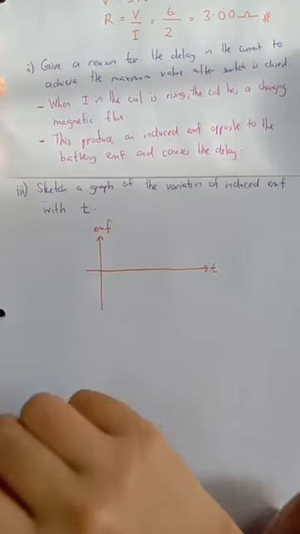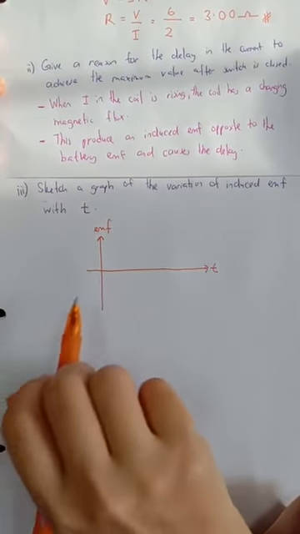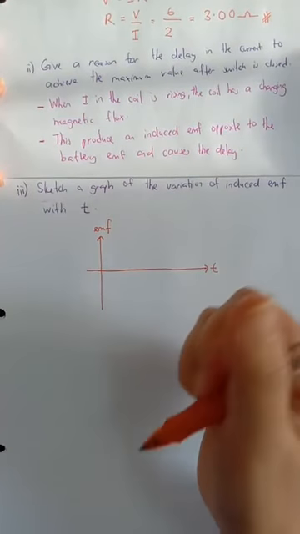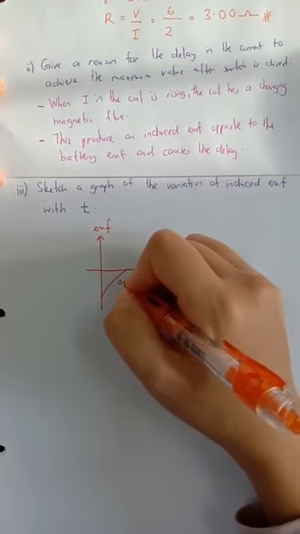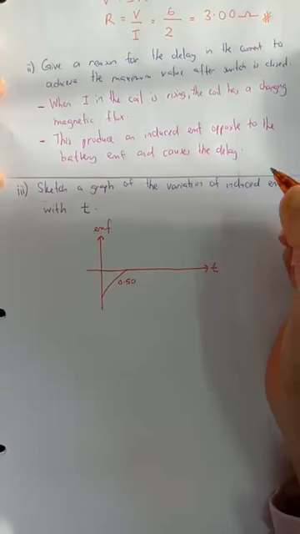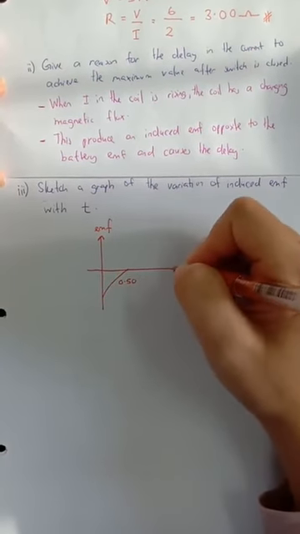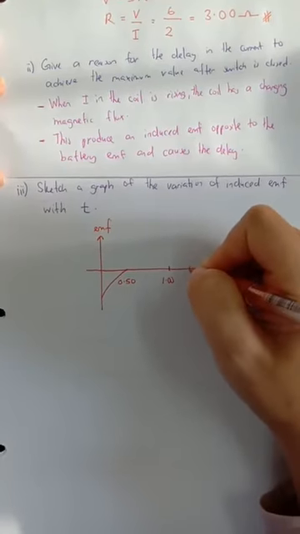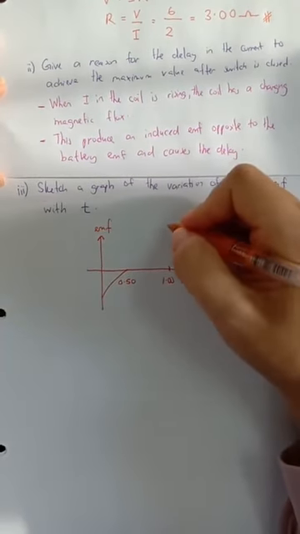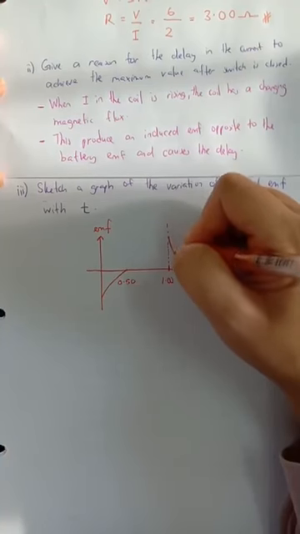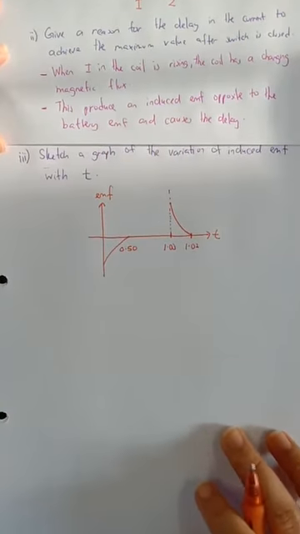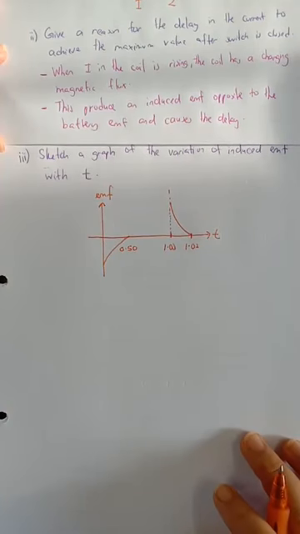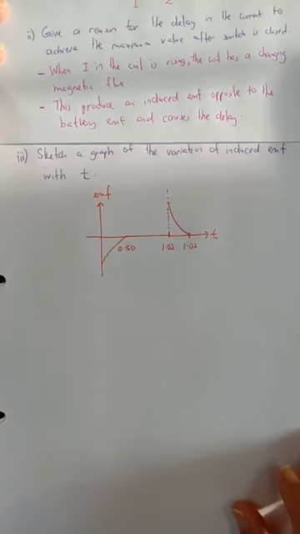This is the induced EMF with time. This is at 0.50 second, and then starting at 1 second to 1.02 second, like that. So that is the induced EMF with time.